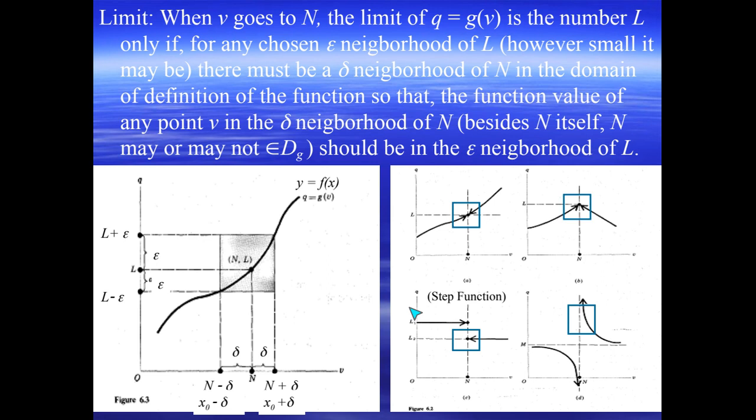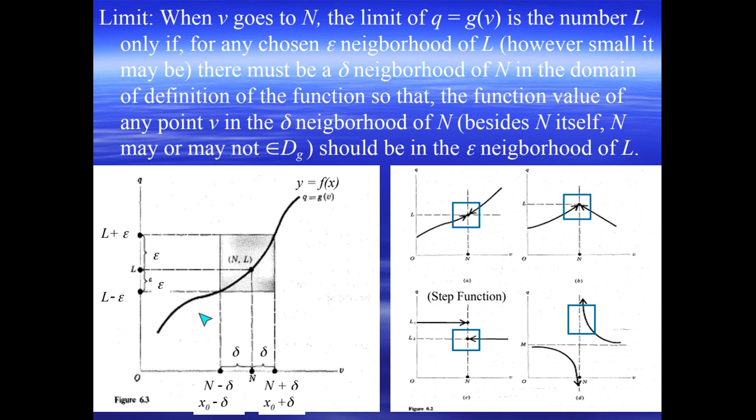It is x0 delta, which is called an open ball in a higher level of mathematics. For the moment being, we will take it as the interval x0 minus delta, x0 plus delta. It is the open interval. The delta neighborhood of x0 is the open interval x0 minus delta, x0 plus delta.